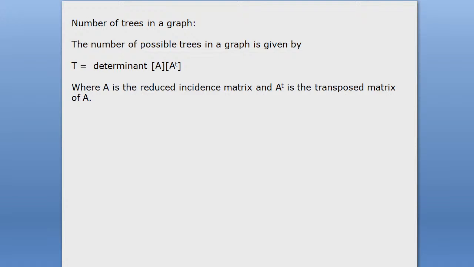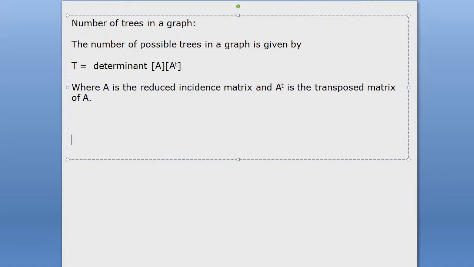I am giving you a problem. You solve it yourself. Consider an incident matrix.